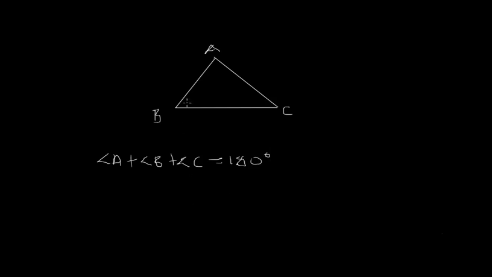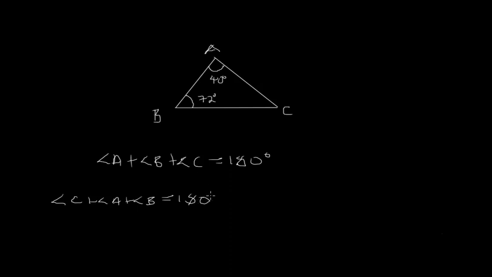If I was to tell you that angle A, which is this one here, is equal to 40 degrees, and angle B, which is this one here, is equal to 72 degrees, and I asked you what is angle C. So angle C plus angle A plus angle B is equal to 180 degrees.